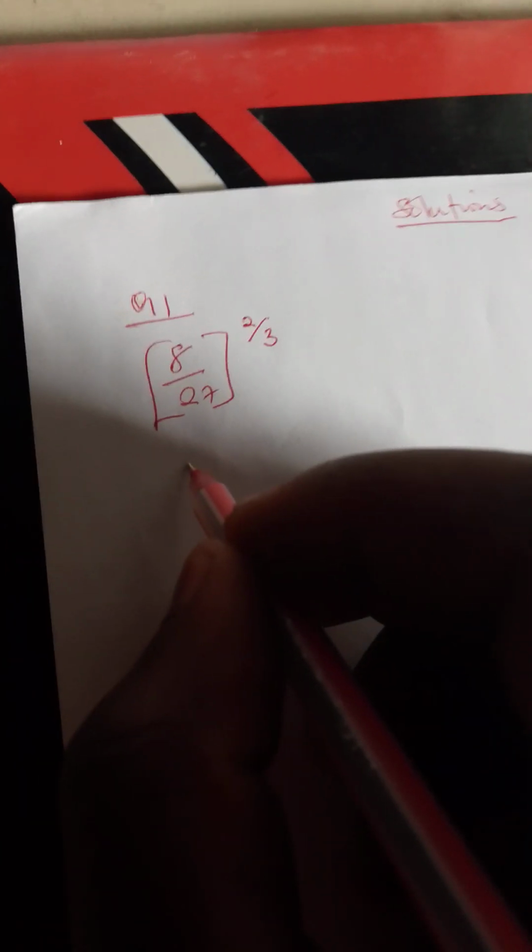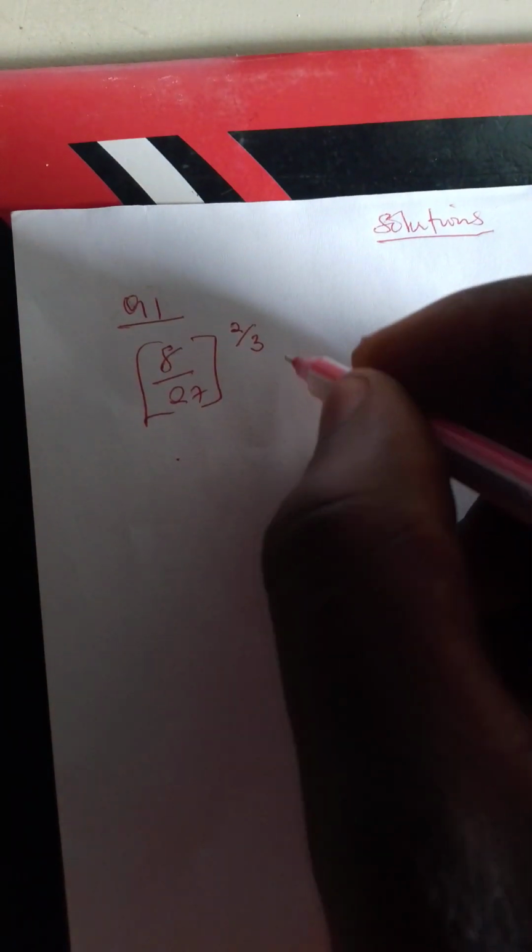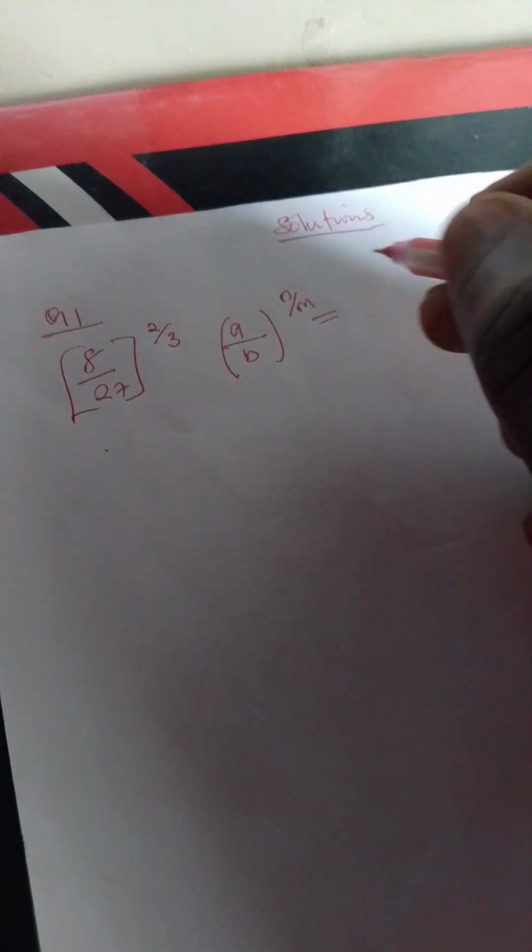By applying the law of indices, a over b raised to the power n over m is equal to the mth root of a over b in bracket, then raised to the power n.